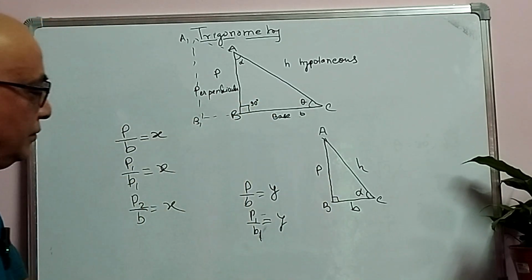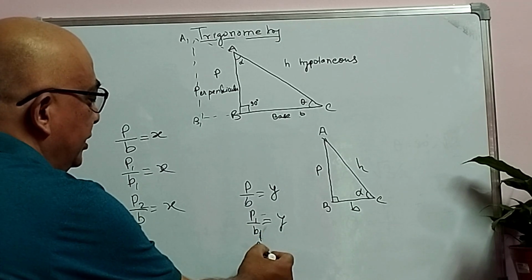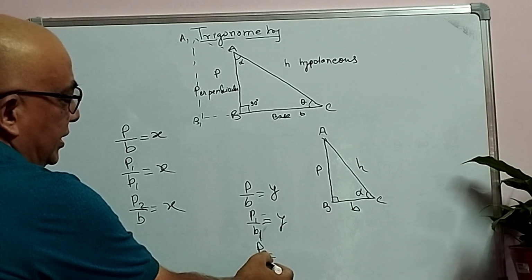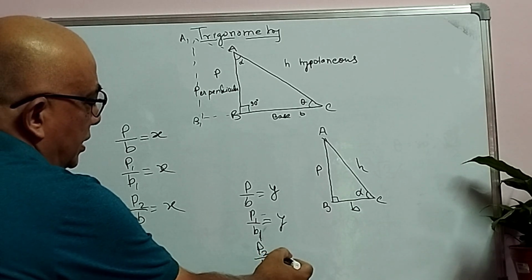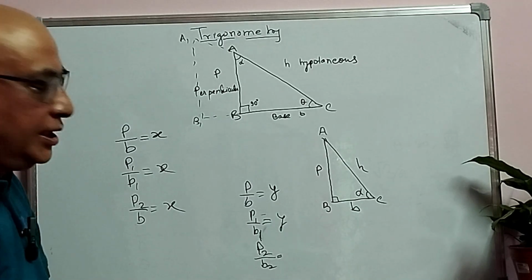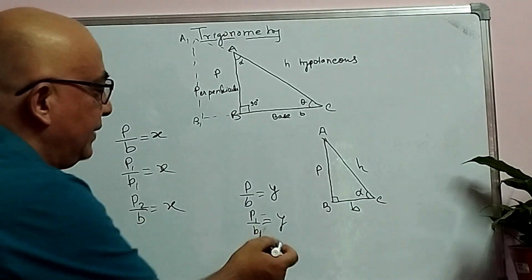And further, if a new perpendicular is obtained, even then P2 and B2 get elongated, keeping the ratio between them the same as before.